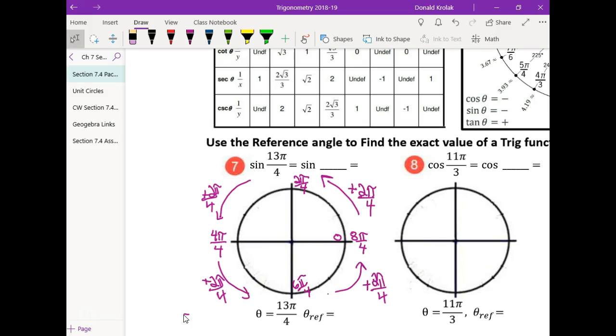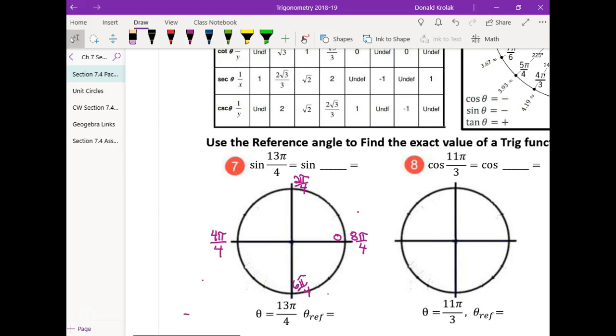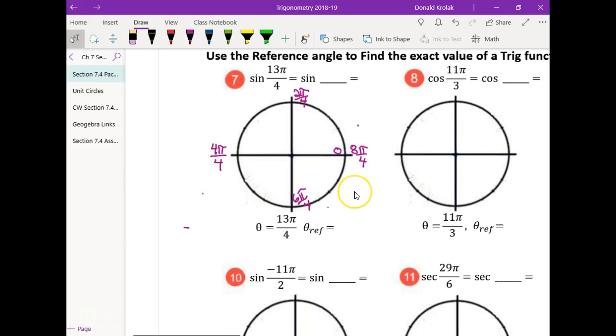All right, so we've got to take 13 pi over 4 and change it so that it's on this circle, and figure out what quadrant it is in. If you remember, with 13 pi over 4, we've got to subtract 360, but not 360.